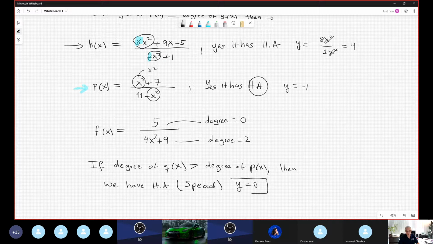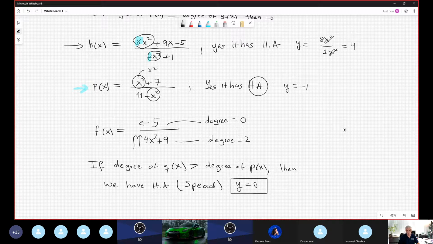That makes sense, because the situation that happens here is that the top polynomial is not increasing, it stays the same, it's constant. So when you have a quotient and the denominator is increasing, and the top is not increasing faster than it, it's y equals 0.